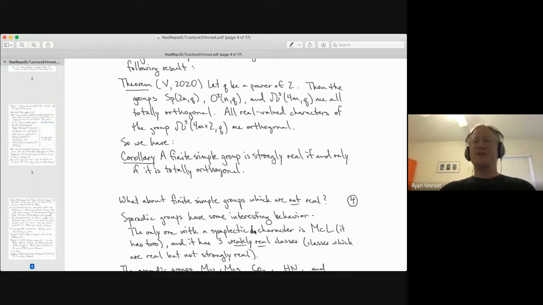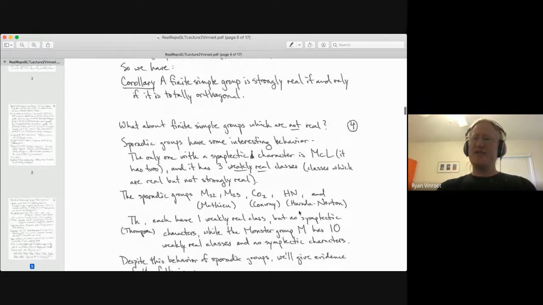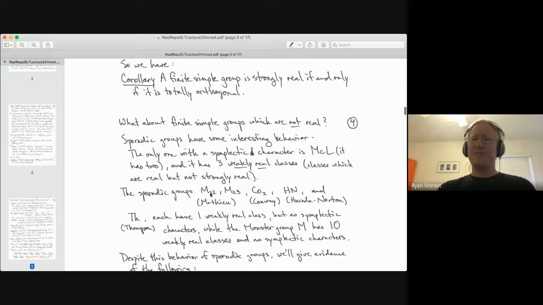All of this can be done in GAP. These character tables are stored in GAP, so one can go through a computation and get this information. And then there's a list of several other sporadic groups that have 1 weakly real class but no symplectic characters.